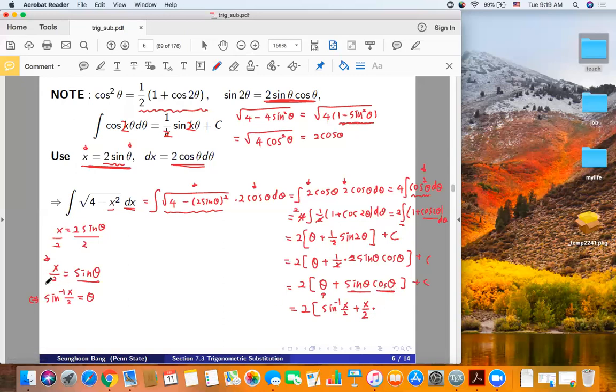We use this relation: x over 2 equals sine theta. We have 2 ideas. Cosine squared of theta is 1 minus sine squared; take the square root. Cosine theta equals the square root of 1 minus sine squared, plug in x over 2, and you can find it. This is one way. The other method is to use a triangle.